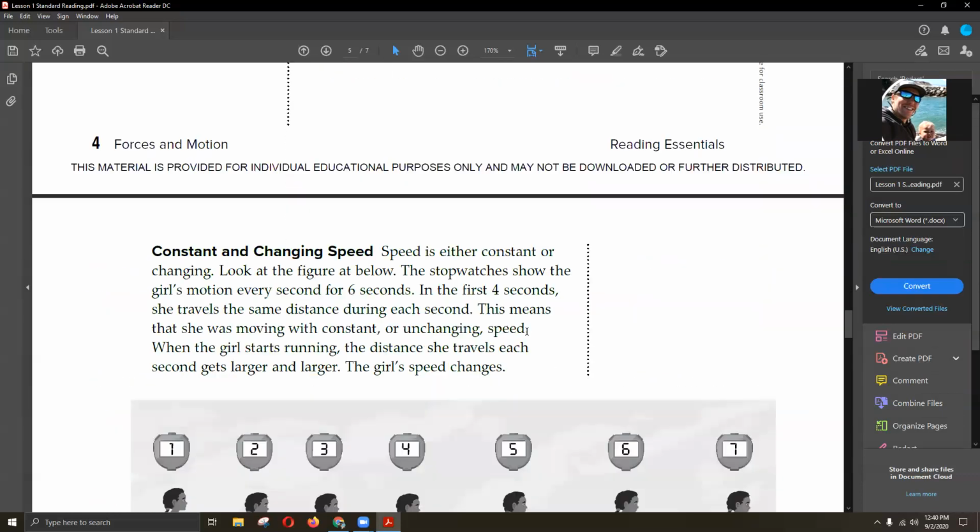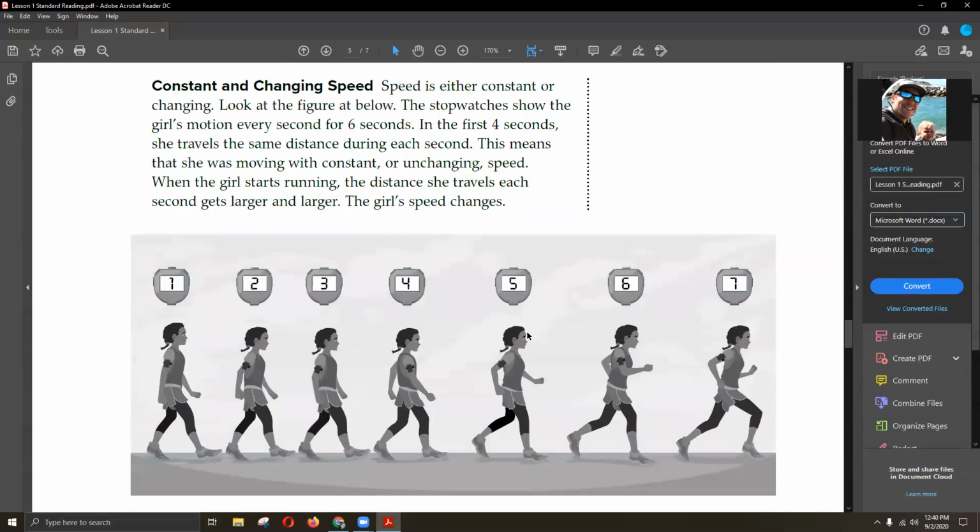So let's look at this example from the book about changing versus constant speed. Speed can be one of two things. Either your speed is constant, meaning it is not changing, or it is changing. If you look at this picture right here, you can see the girl has walked for 7 seconds.